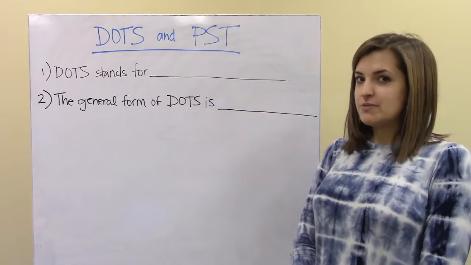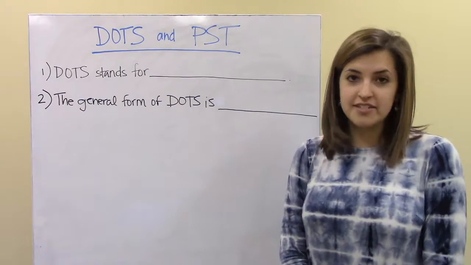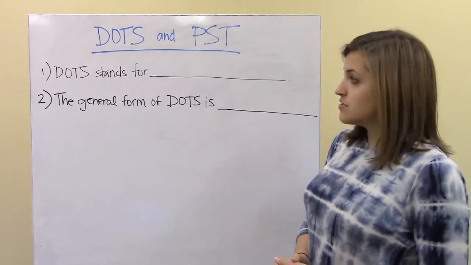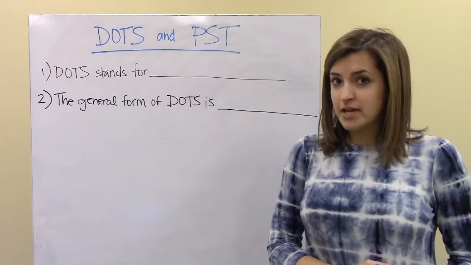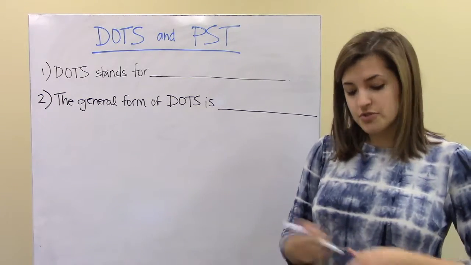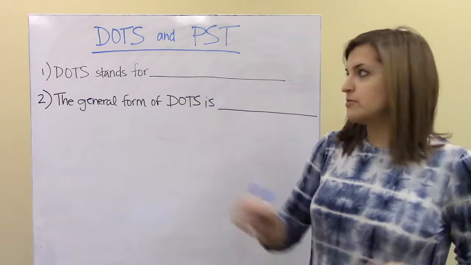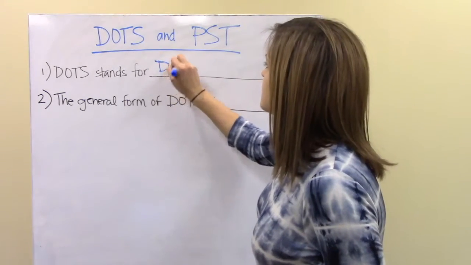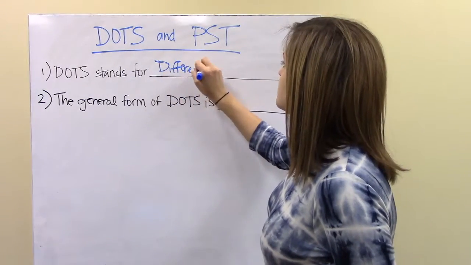Okay, today we're going to be talking about two new techniques that we can use to factor polynomials. The first one is called the difference of two squares, and we abbreviate that with DOTS. So DOTS stands for the difference of two squares.